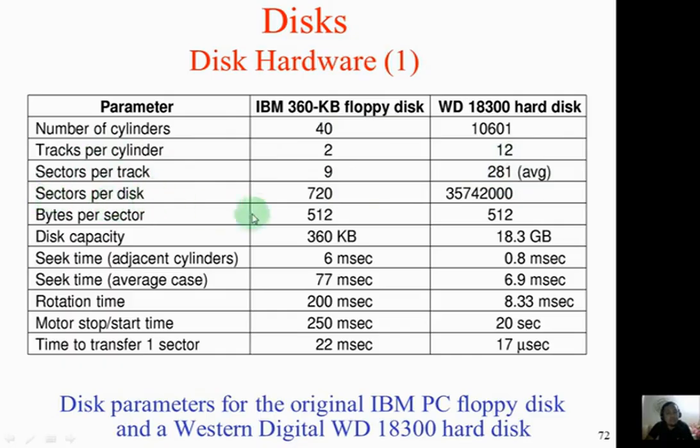Sectors per disk is 720 here, and a much larger figure there. Bytes per sector is around 512. So the disk capacity for the floppy disk is around 360 KB, and for the hard disk it is 18.3 GB.